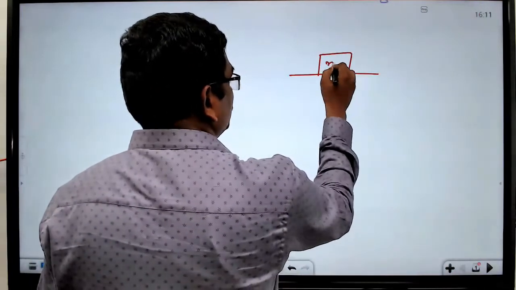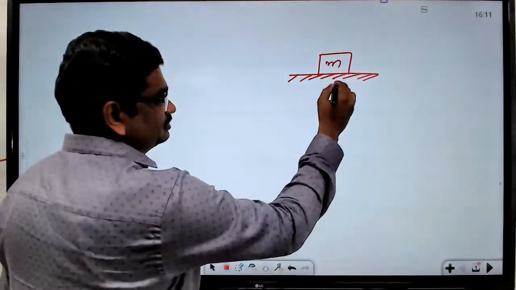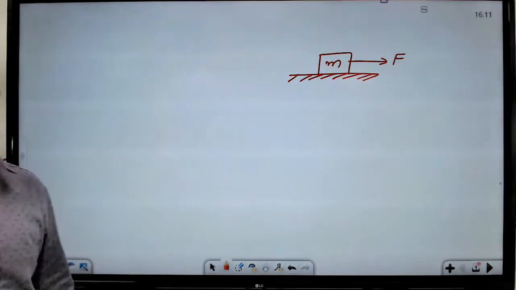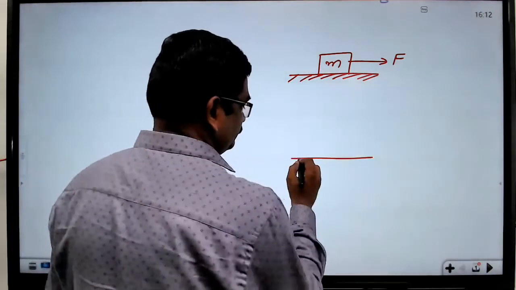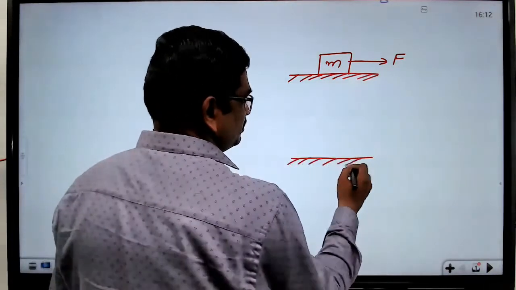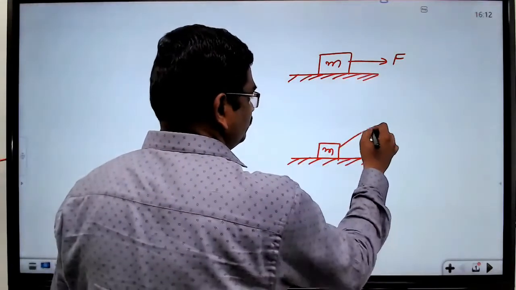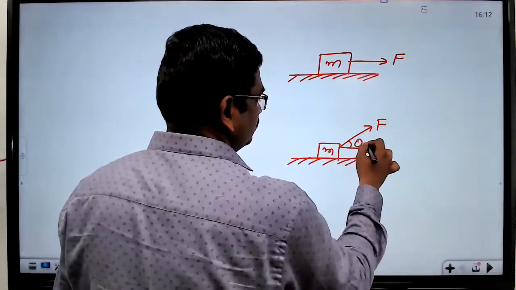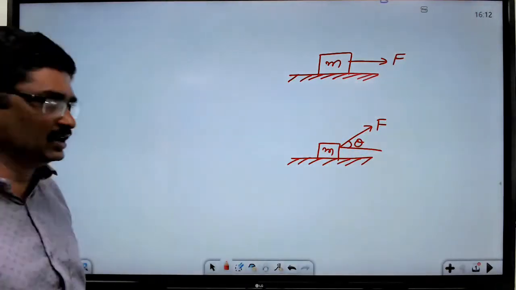So assume that a block of mass m is placed on a horizontal surface, a force F acting towards right in this case. That is the first case. Next one, the same object placed on a horizontal surface, but force F acting like this, that means it is making an angle theta with the horizontal.